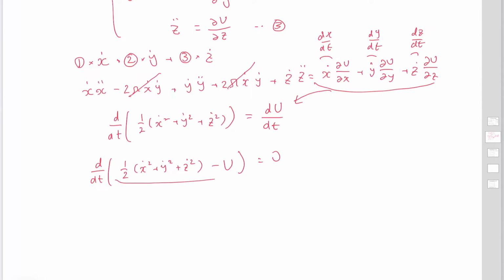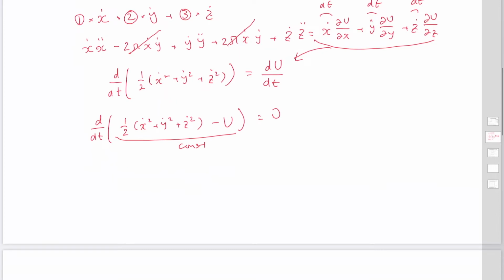So this quantity has to be constant. So 1 over 2 x dot squared plus y dot squared plus z dot squared minus U is constant. We name this constant C.